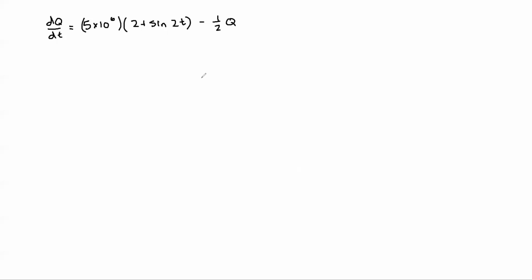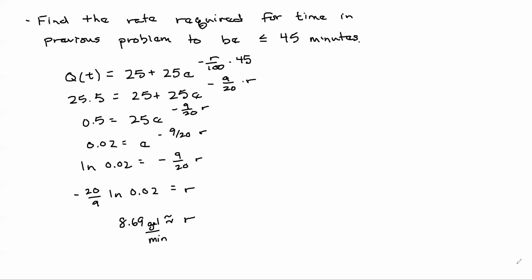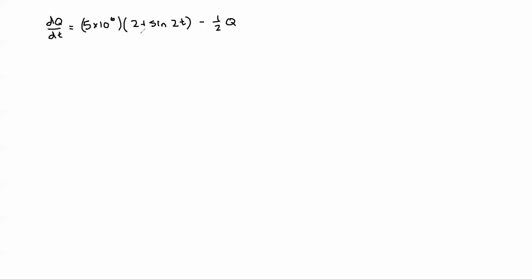The formula for the last problem specified that you had to have a constant here and a constant here. Let's go back and take a look. To use this formula, you have to have a constant times the function you're trying to find, the variable, minus another constant. You need to have constants both here and here. We do not have that. So this is not a constant. As a result, we can't use that method.